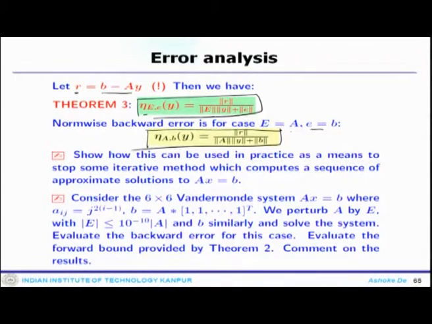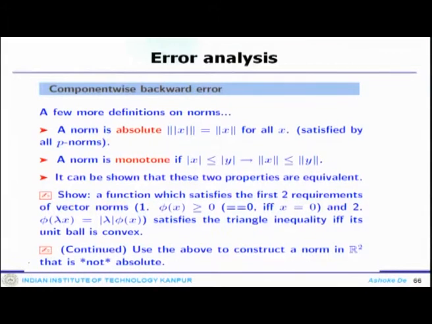You can find this out by considering some system and estimating these kinds of norms, or you can take some examples, put in some code in MATLAB, and find out.